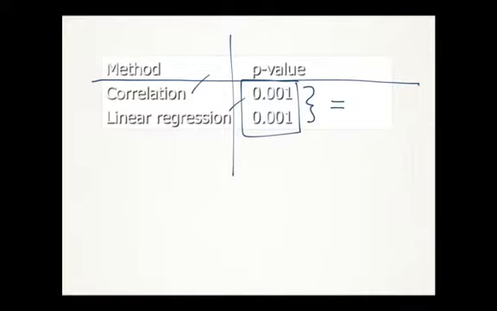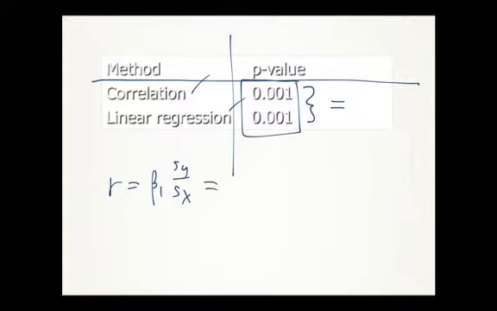In fact, there's a simple formula for the relationship between correlation and the regression coefficient. Namely, R, which is the correlation coefficient, is equal to beta 1 times S sub y over S sub x. And these things are all available in the Stata output.